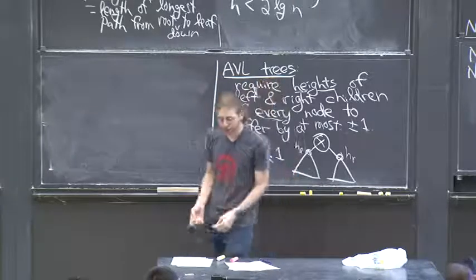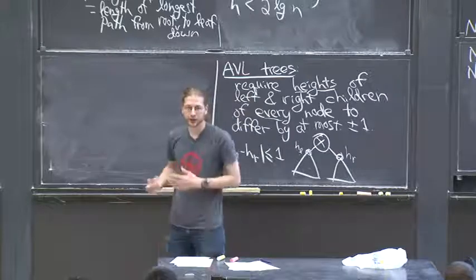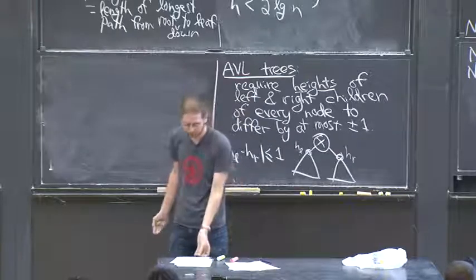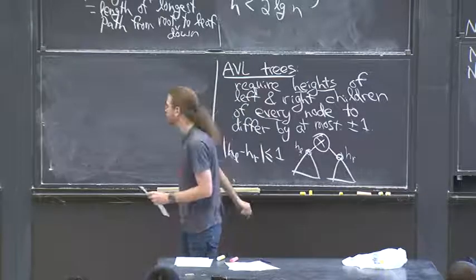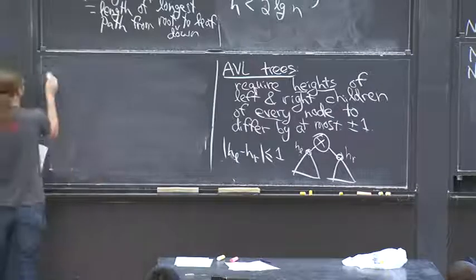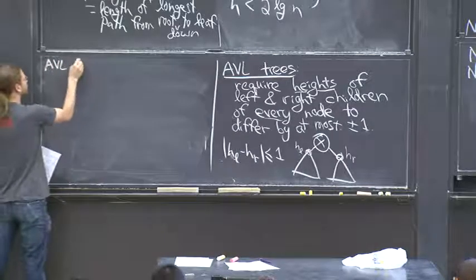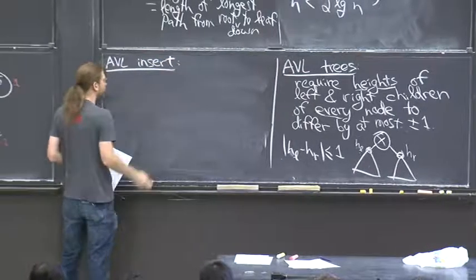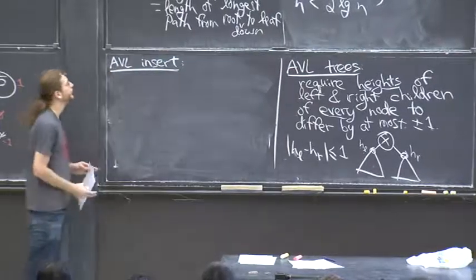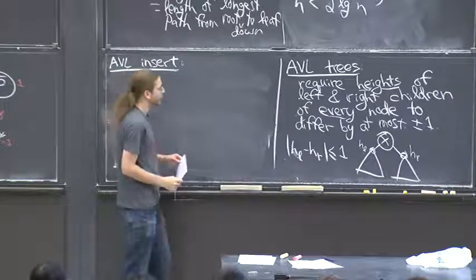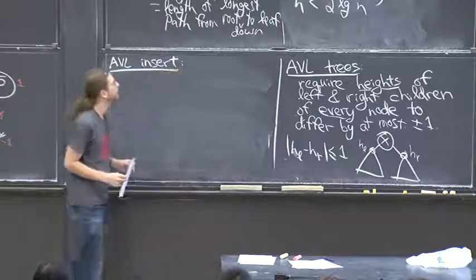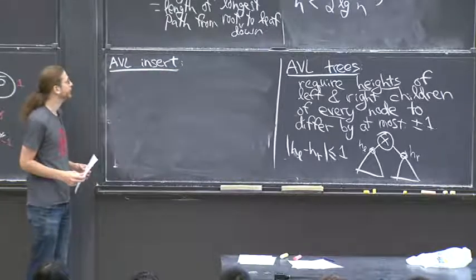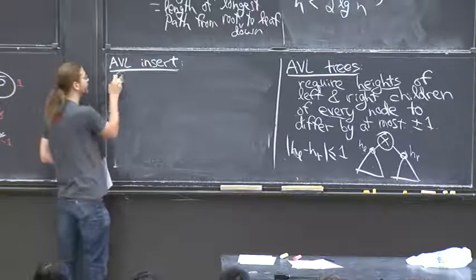Delete is almost identical, and it's in the code that corresponds to this lecture, so you can take a look at it. Very, very similar. Let's start with insert. And well, it's pretty straightforward. Our algorithm is as follows.